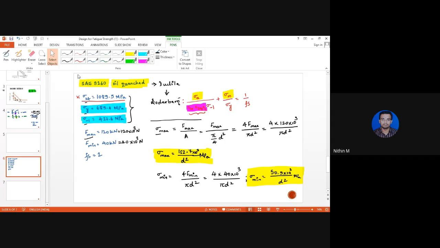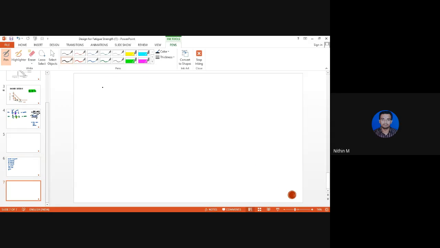Now, we need to calculate the values of sigma A and sigma M. What is sigma A? Sigma A is sigma max minus sigma minimum divided by 2, right?